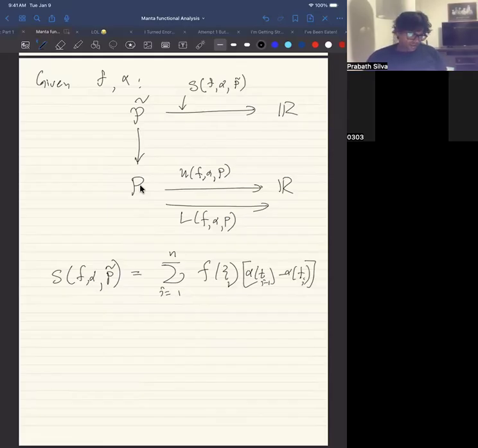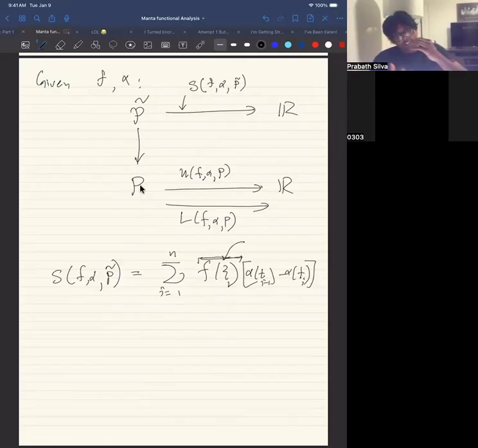And for the upper sum and lower sum, instead of this number, you have the supremum and the infimum in that interval. Okay, so there is some sort of sandwich theorem going on too.